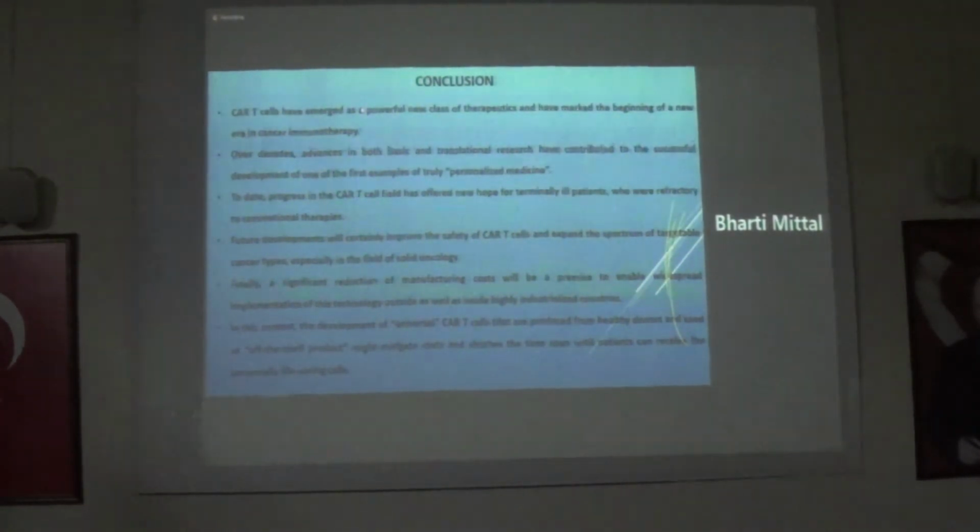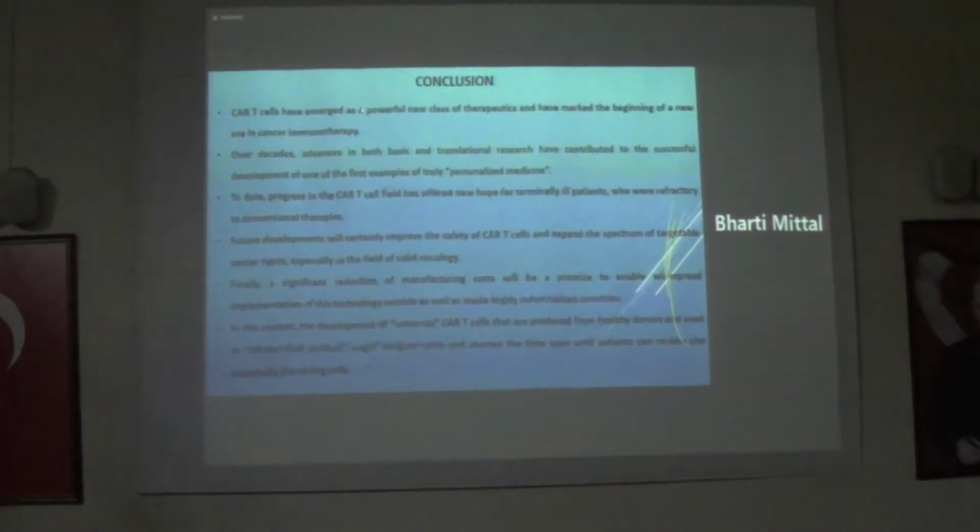In this context, the development of universal CAR T cells produced from healthy donor cells, as an off-the-shelf product, might mitigate the cost and shorten the time until patients can get the potentially life-saving cells. As I have mentioned, at present we take the T cells from the patient itself.